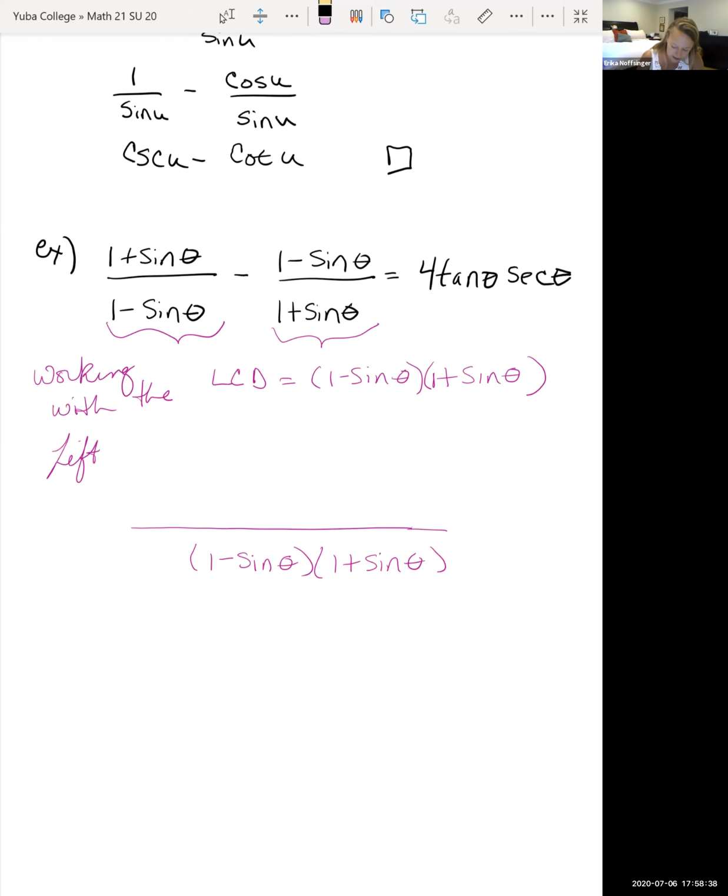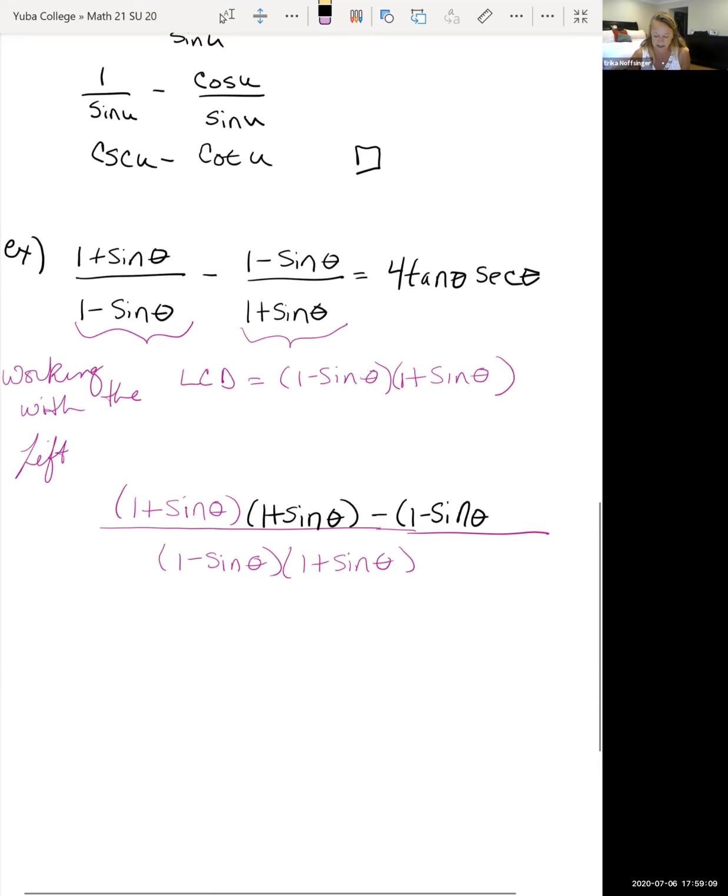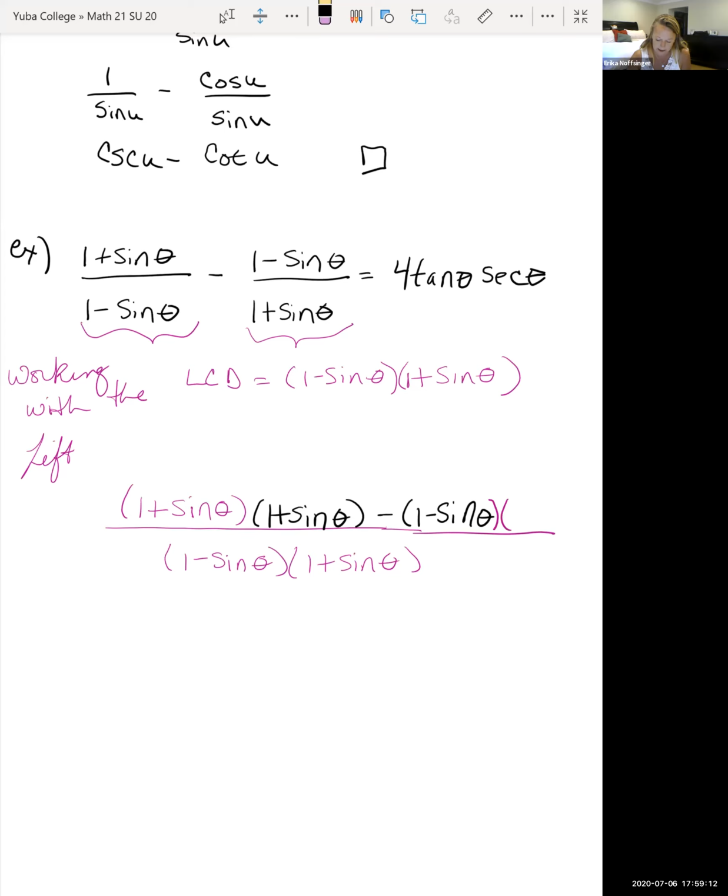So we have the 1 plus sine theta that we multiplied this fraction by to get our LCD, times the numerator, 1 plus sine theta, minus, and then we have our numerator here, the 1 minus sine theta, times what we needed to multiply that by to get the LCD. Well, we were missing the 1 minus sine theta for the second fraction, and so we needed to multiply that by the 1 minus sine theta.